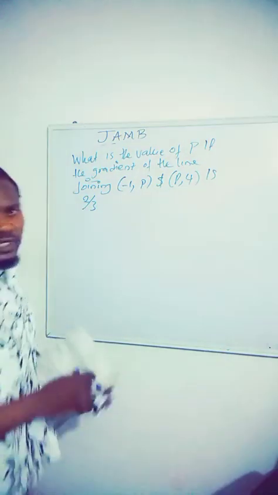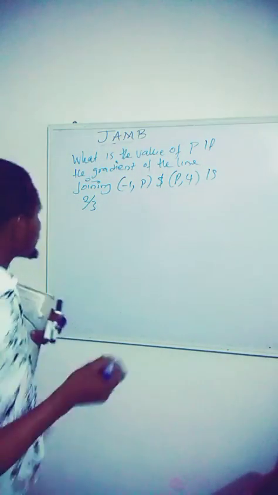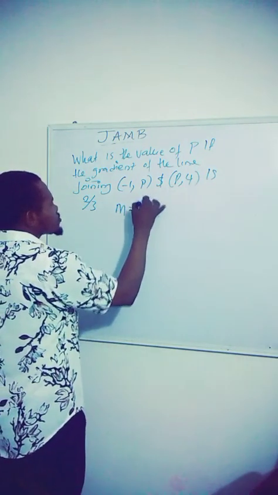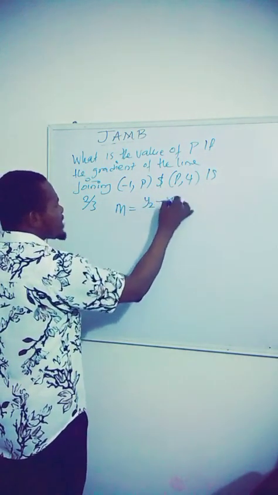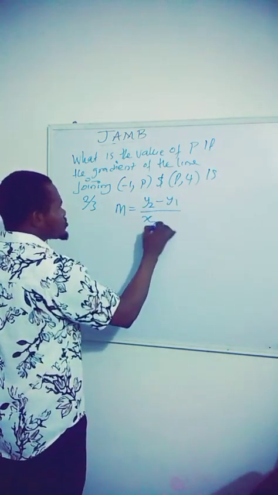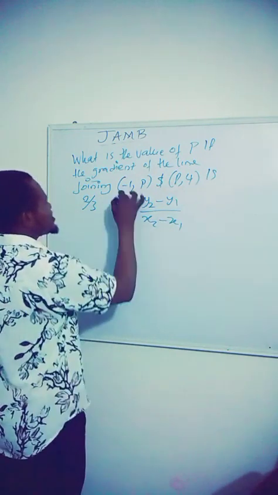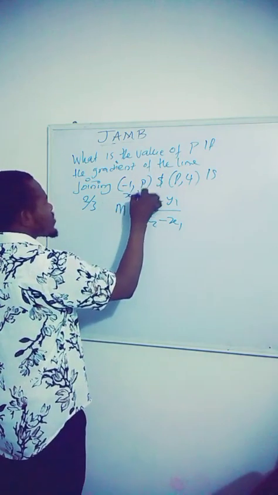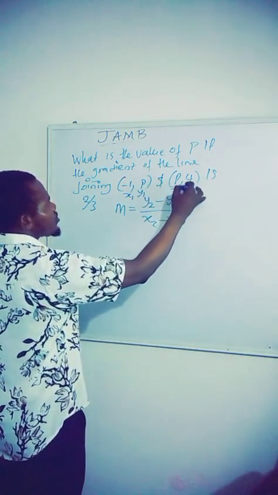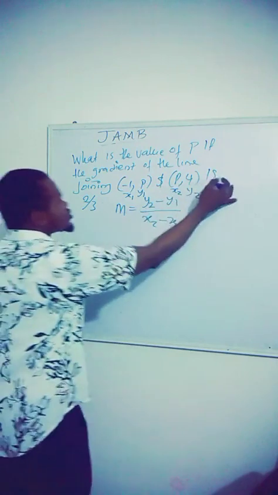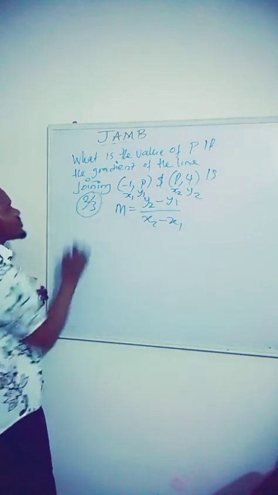You know, gradient is also slope. And you must understand that slope, which is our m, is equal to y2 minus y1 over x2 minus x1. From what we have here, this is our x1, y1, x2, y2. We are given that our m, the slope, is 2/3.